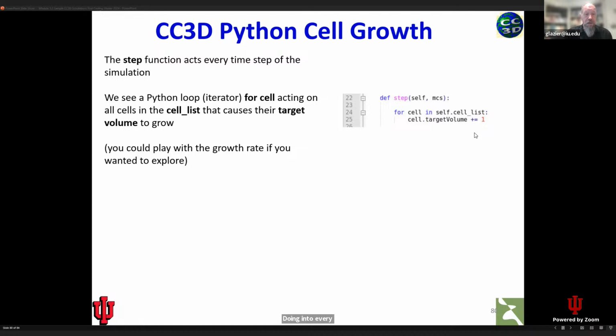Plus equals is a shorthand for adding to the value itself. And so this makes every cell in the simulation grow at a constant rate. It's not very biological. In reality, we would want that growth rate to depend on the nutrients, on the pressure, on the state of the cell, and so on. But this is a simple thing to do.